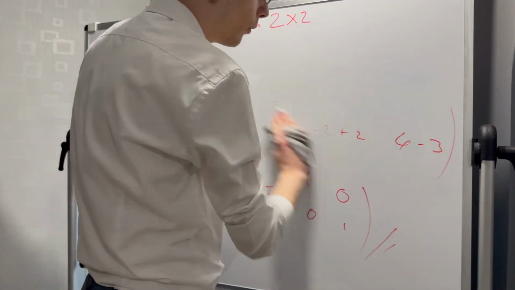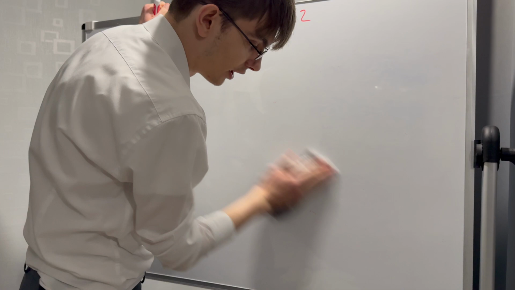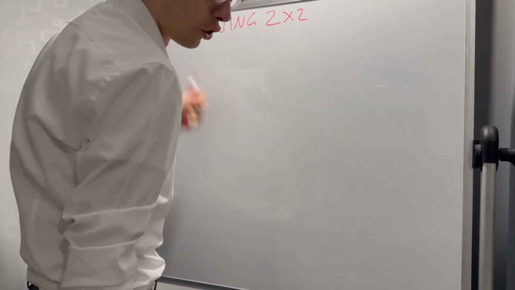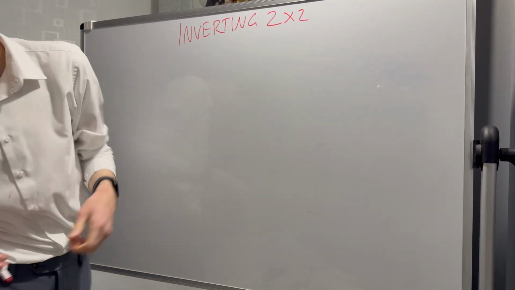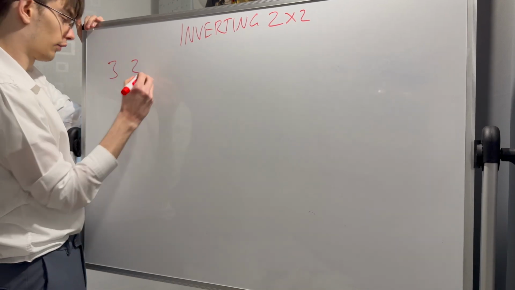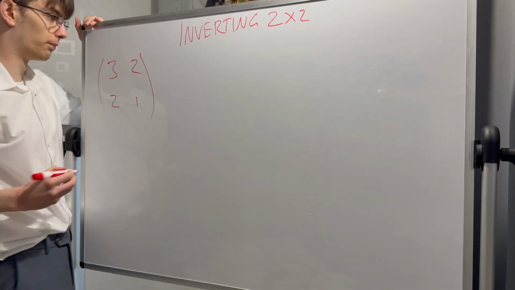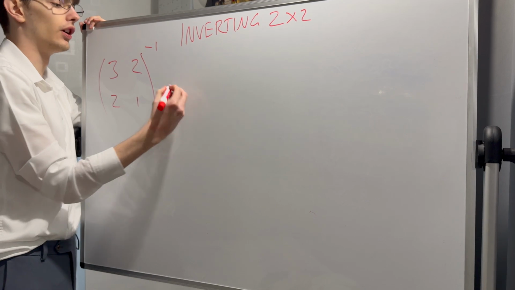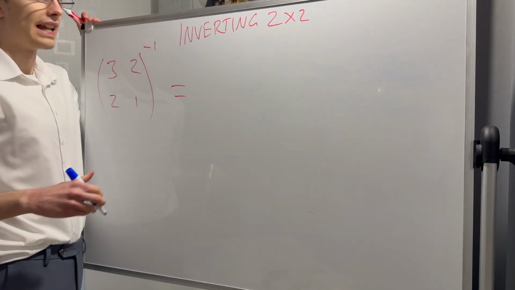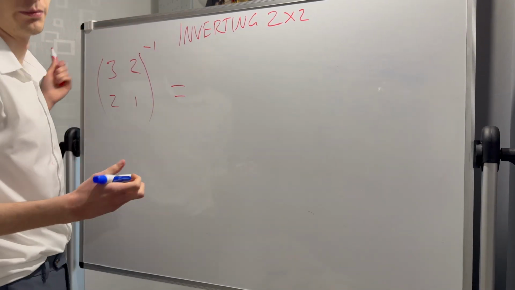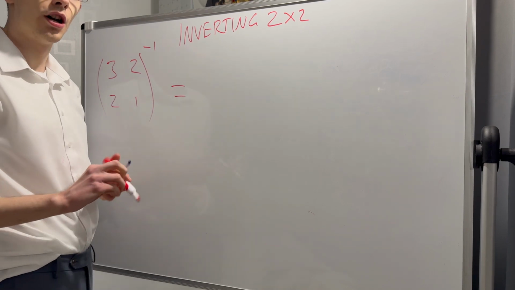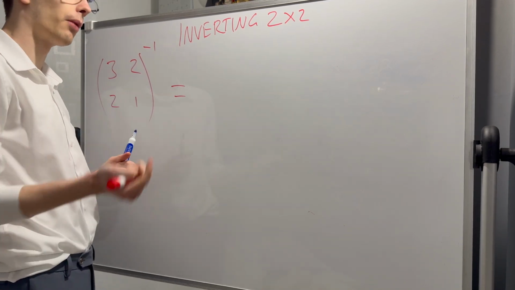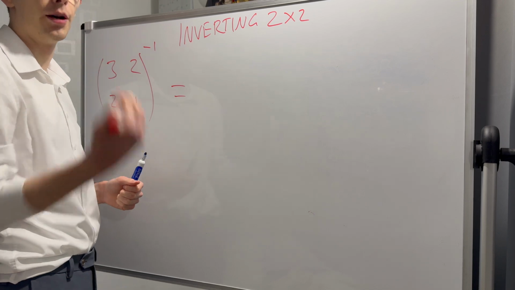So how exactly do we invert a 2 by 2 matrix? Let's use that example I just did of 3, 2, 2, 1, and I want to prove the inverse of this. Now, it is a little bit tricky to remember sometimes, but there is a nice formula. First of all, we need to remember from the last video what the determinant is.